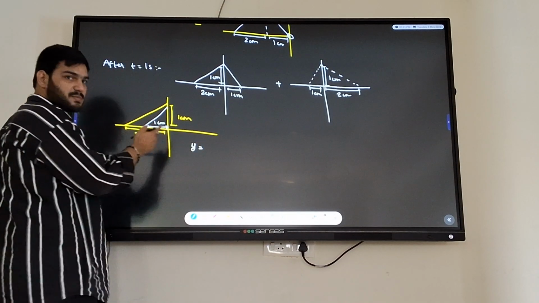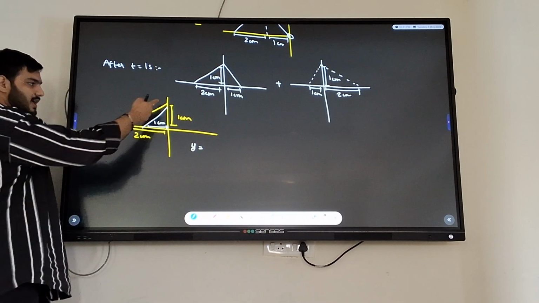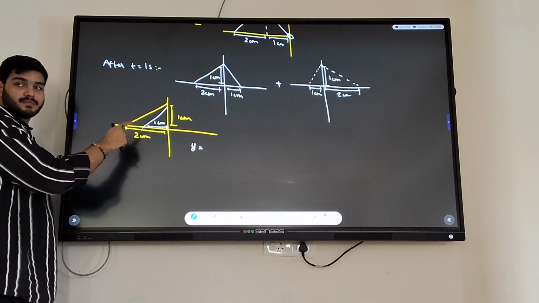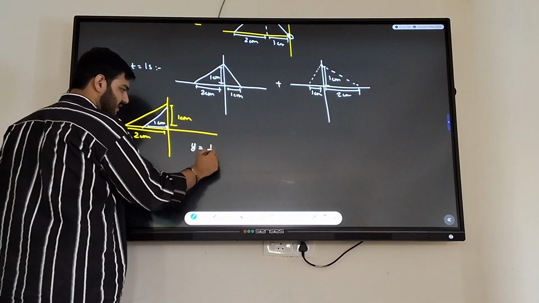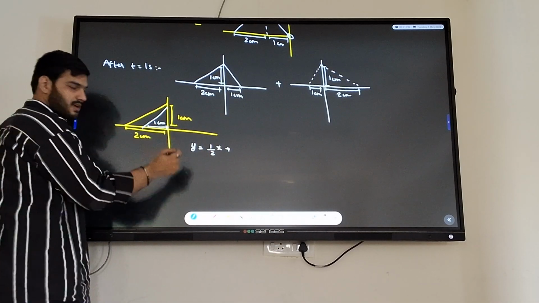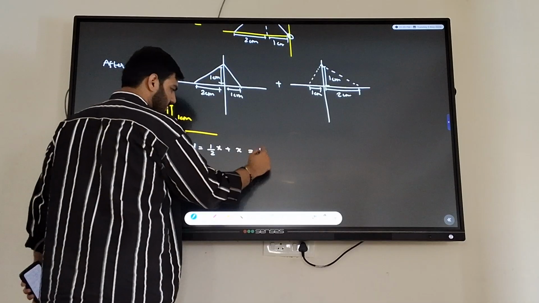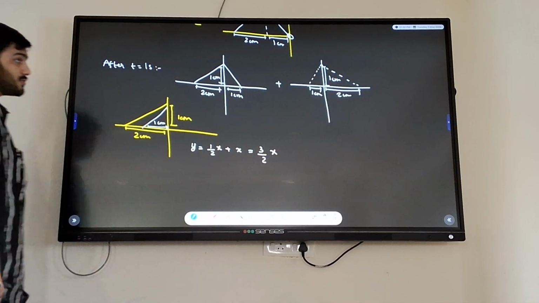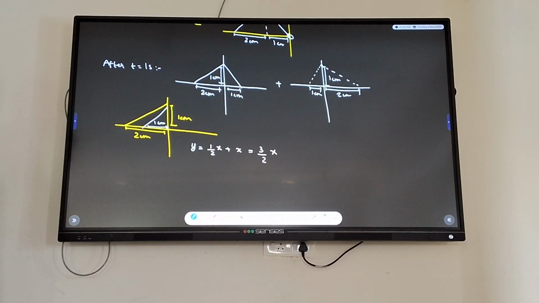Tell me, it looks like y equals mx plus c type of thing, no? What is the slope? 1/2. So half x plus, what is the slope of this? 1. So this should be 3/2 x.